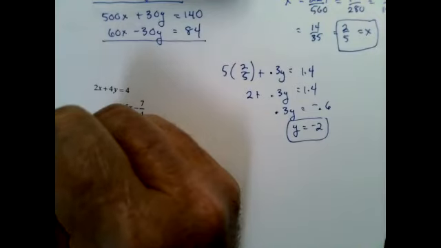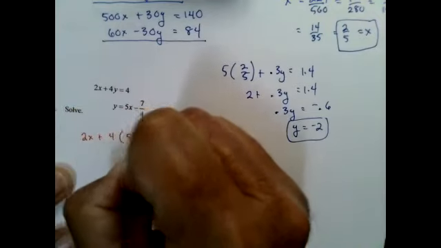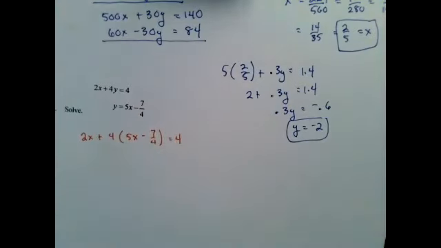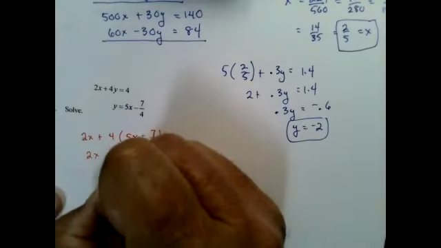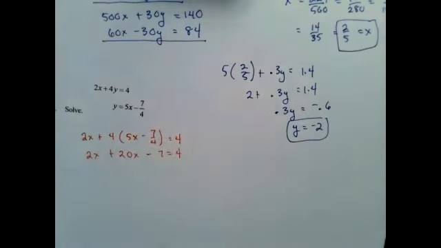So let's see, I know what y equals. So 2x plus 4 times that y. 2x plus 20x minus 7 equals 4.